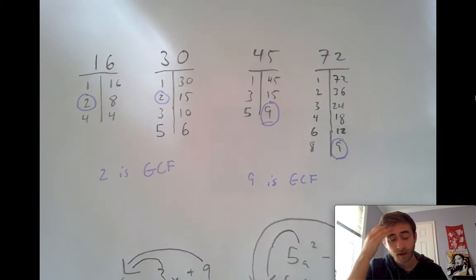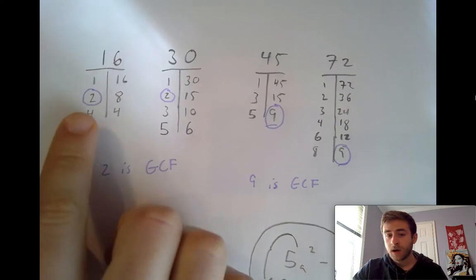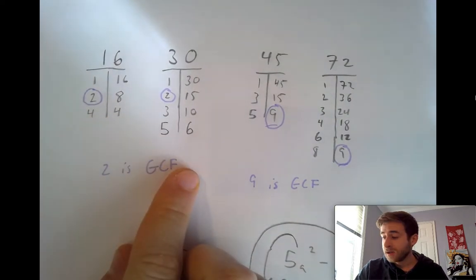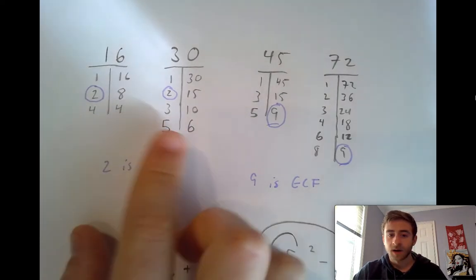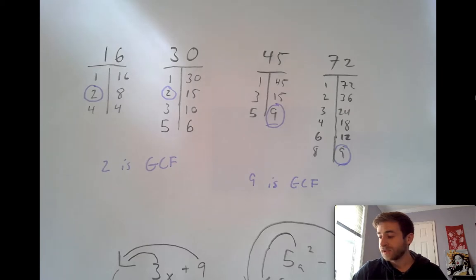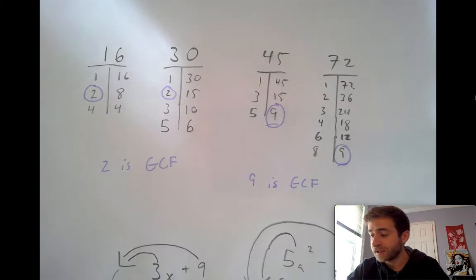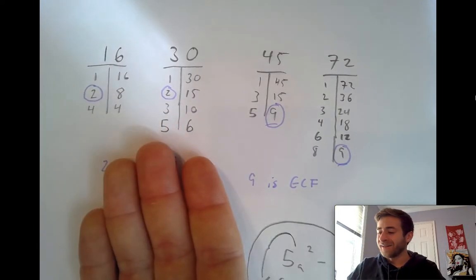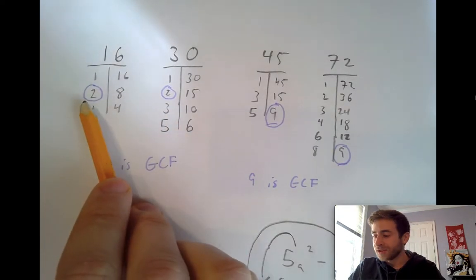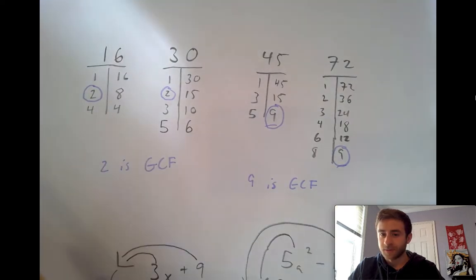Once I have the lists of factors, to find the GCF, the greatest common factor, you just compare the two lists of factors and figure out which number in common between them is the greatest. I see that the biggest number that both of these share is 2.